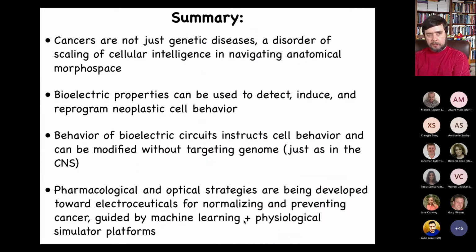So the summary of this last part is that cancers are not just genetic diseases. They're really a disorder of the scaling of cellular competencies in navigating anatomical space.